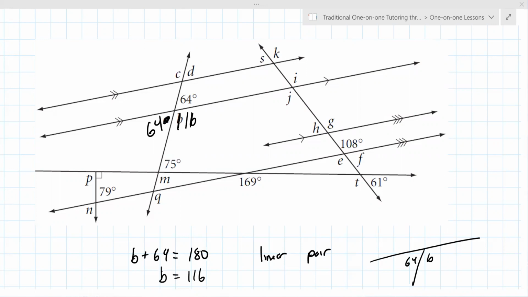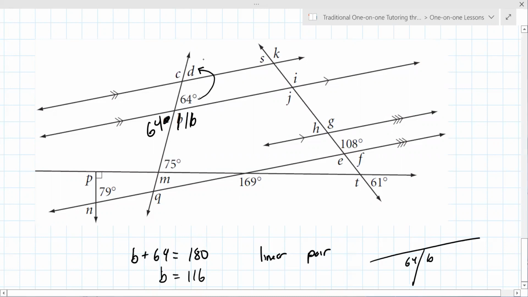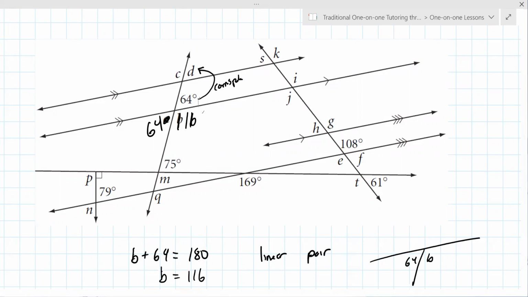It is, but I wouldn't go right to that. I would do D first by corresponding. Okay, I find that's easier than jumping over two things. Corresponding means they are equal. 64 degrees. Yes, D is 64.